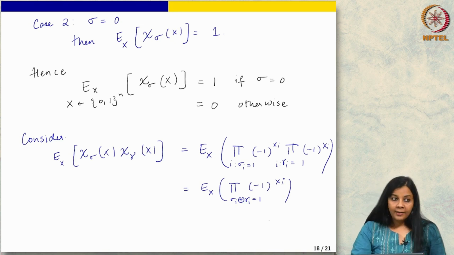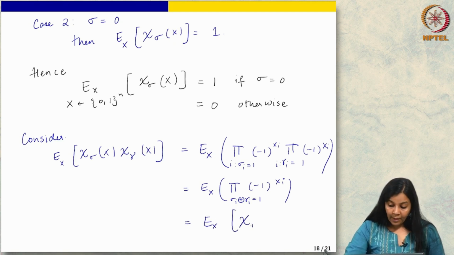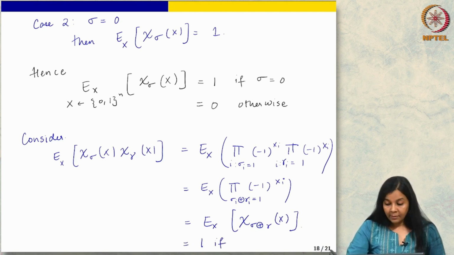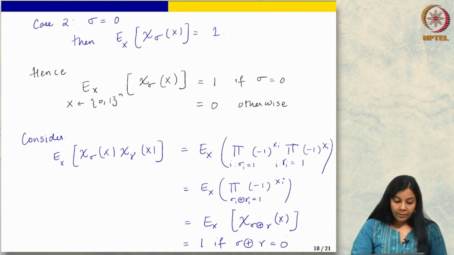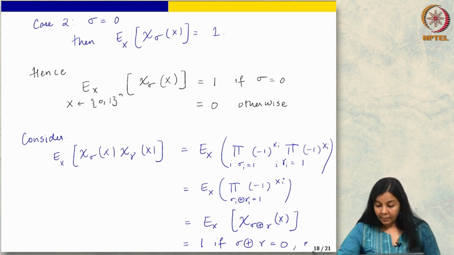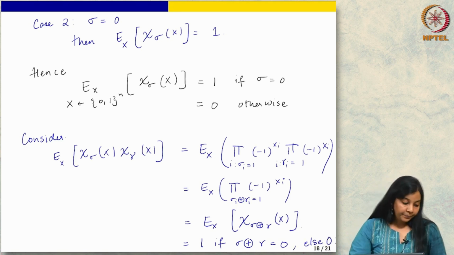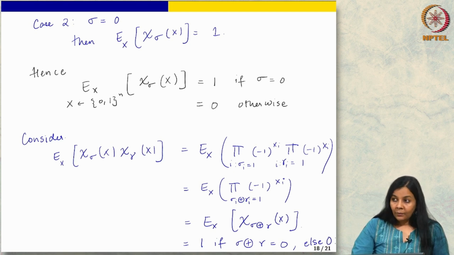You can convince yourselves of this offline if you are not already convinced. This just means it is the expectation over x of chi sigma XOR gamma x. So, this is going to be 1 if sigma XOR gamma is 0, else it will be 0.